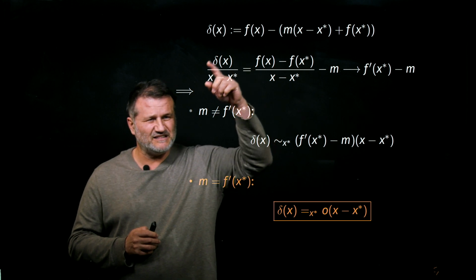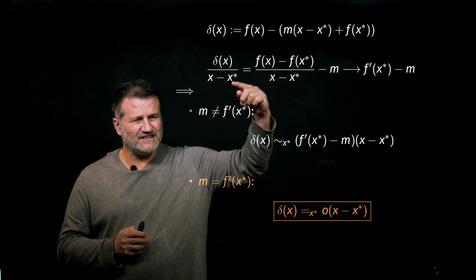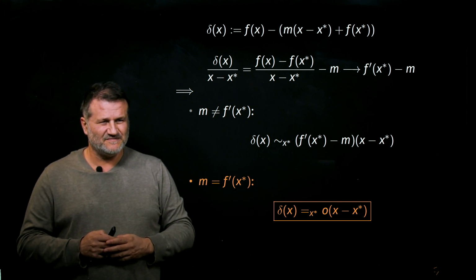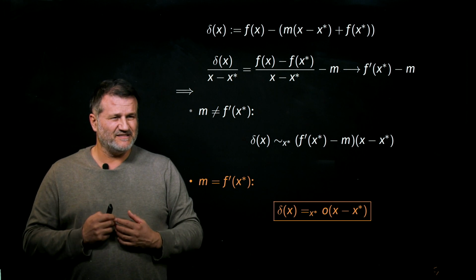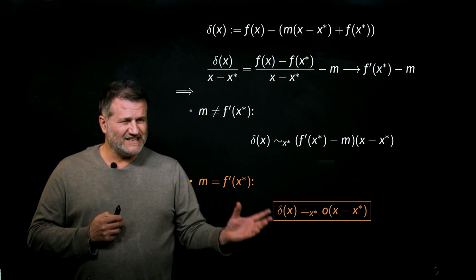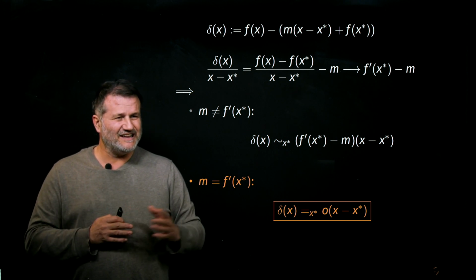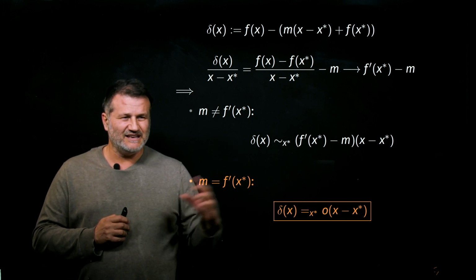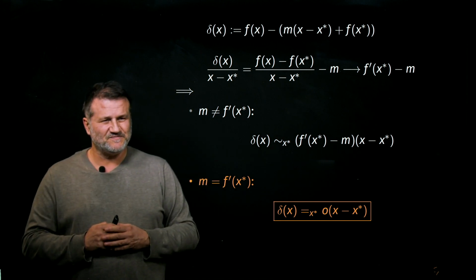And therefore, this ratio goes to 0, meaning that delta x is little o of x minus x star. So the tangent line has something special. It makes the gap between the function and the tangent line the smallest possible, a little o of the increment x minus x star.